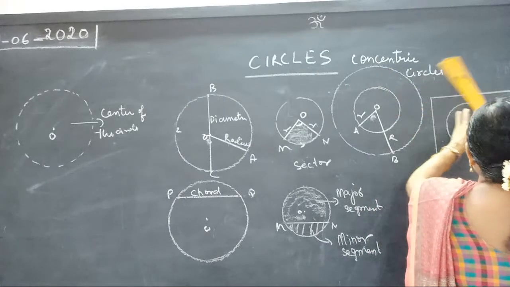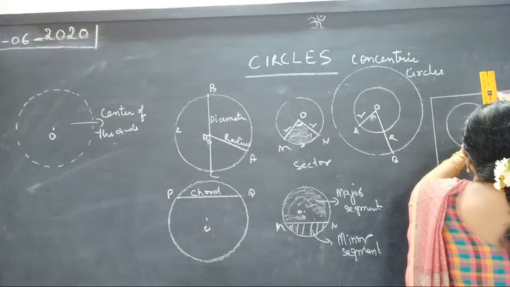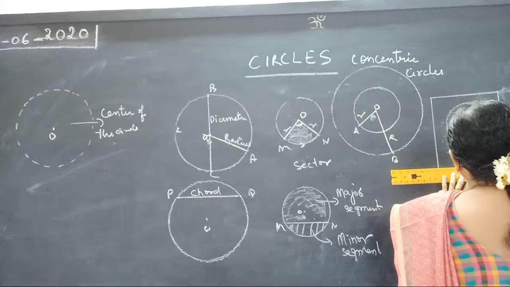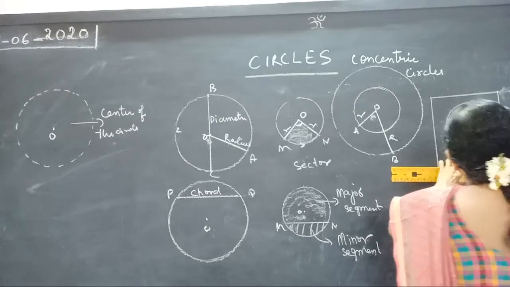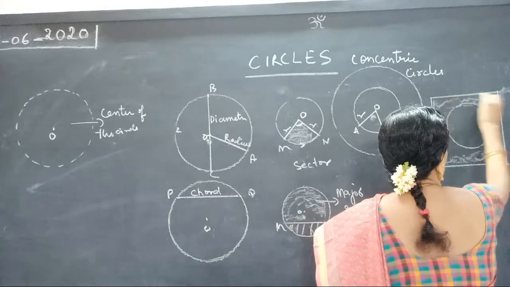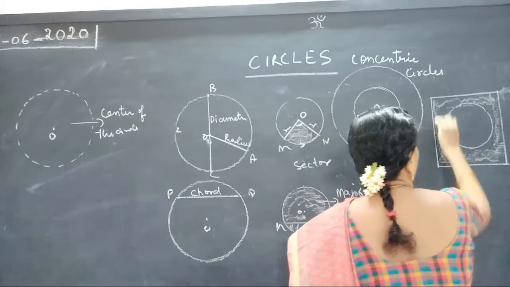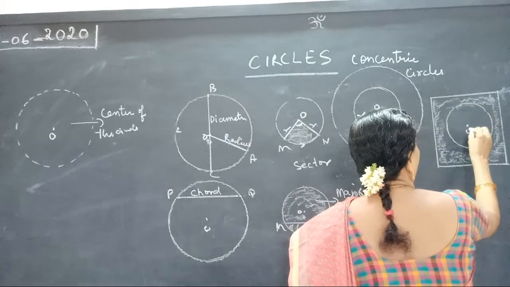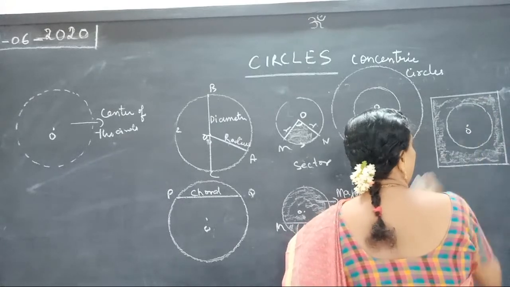Suppose you draw a circle here like this. The whole plane can be taken as: this is the exterior of a circle, this is the interior of a circle, and this is on the circle.